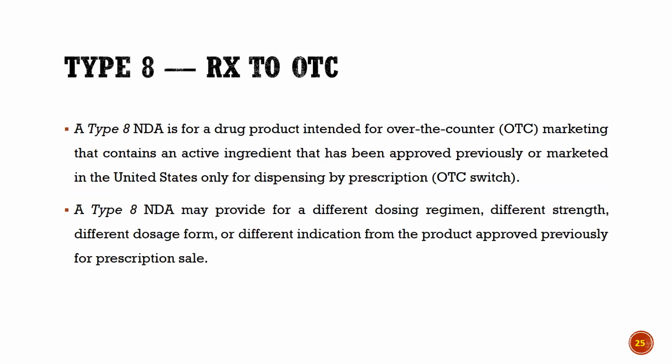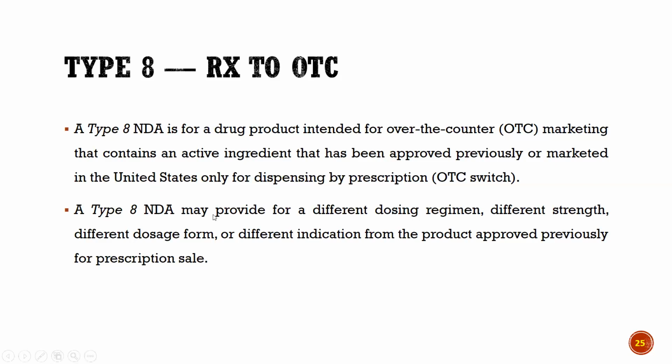So coming to the type 8, which is prescription to the over-the-counter medicine. A type 8 NDA is for a drug product intended for over-the-counter marketing that contains an active ingredient that has been approved previously or marketed in the United States only for dispensing by prescription.